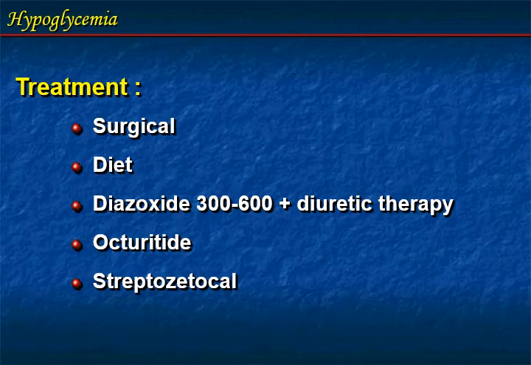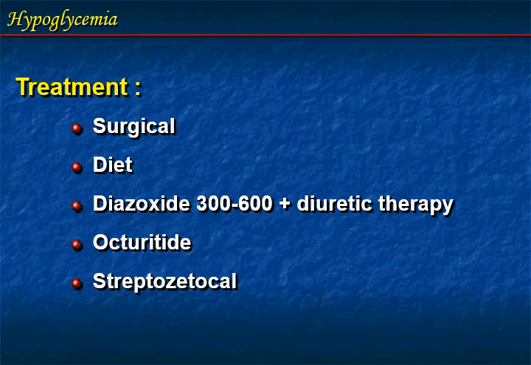It's used in the treatment of acromegaly, insulinoma, and ruptured esophageal varices. But we should remember all the time that this octreotide is expensive and it might induce nausea and vomiting. These are the main line of treatment, either surgical, diet, diazoxide and streptozocin, but please remember octreotide.